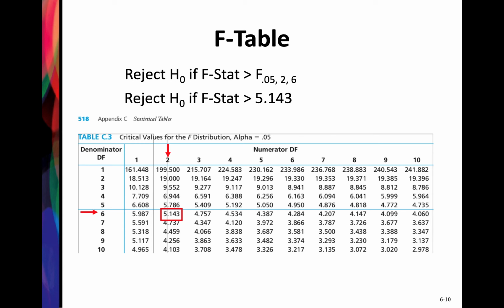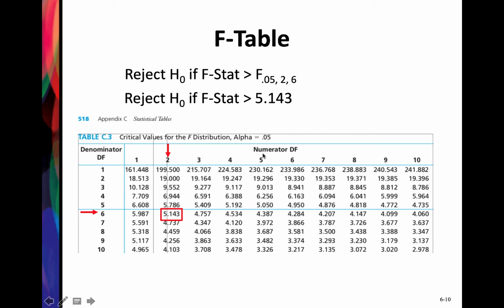And this is how you read the F table. This F table is for alpha equals 0.05, so a 5% significance level, which is the only thing we're going to do in this class. If we wanted to do it for a 1% or a 10% significance level, then we would have to get a new F table. But in this class, we're only going to have alpha equals 0.05.